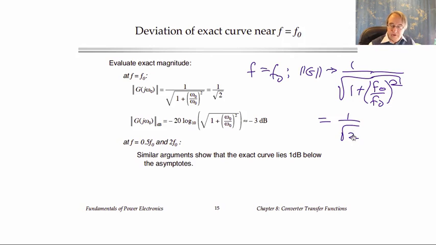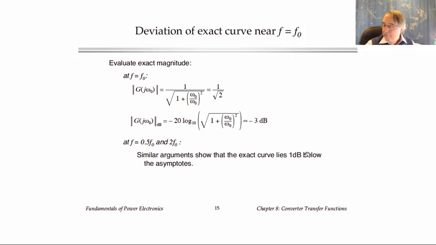Okay, 1 over root 2 expressed in decibels works out to be approximately minus 3 dB. So at the corner frequency, we say the function is 3 dB below the 0 dB asymptote, or 3 dB down at the corner frequency. You can do a similar calculation at f is 1/2 f naught or f is 2 f naught, a factor of 2 on either side in frequency, and find that the exact curve is 1 dB below the asymptotes there.